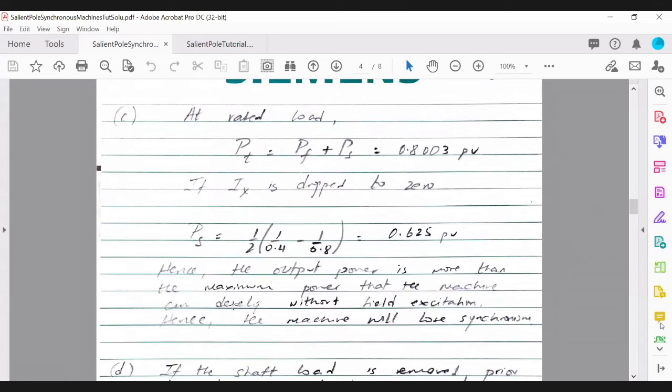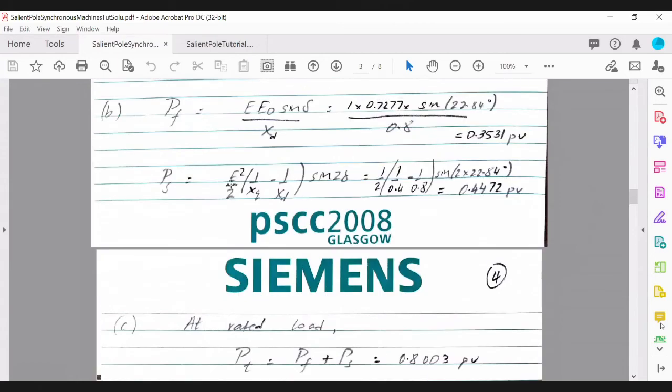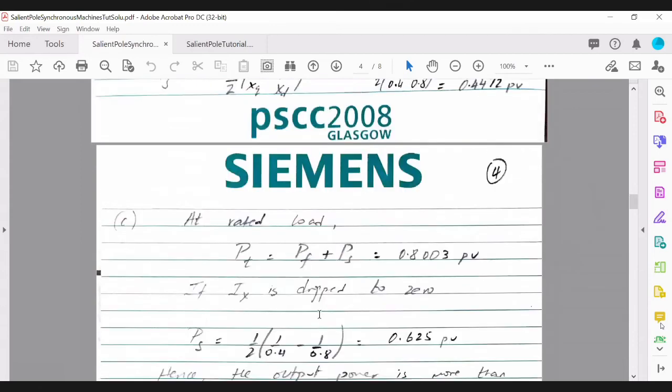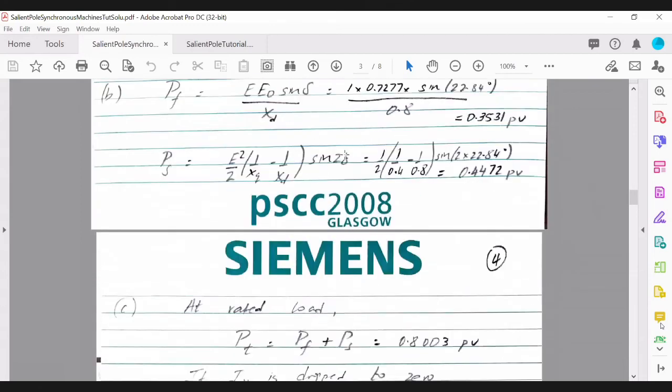As you can see here, the salient portion is worked out as this is 1 per unit, and we've substituted XQ and XD in the formula, right? And sine 2 delta.